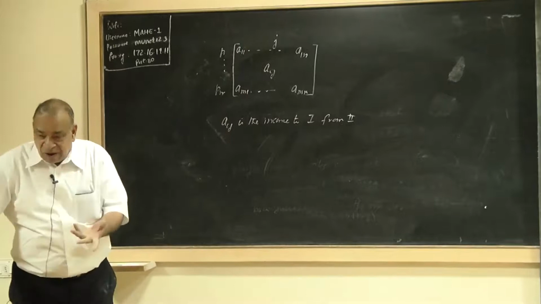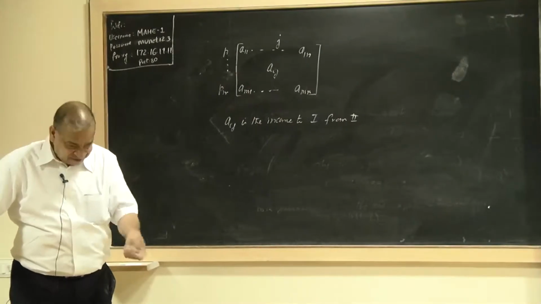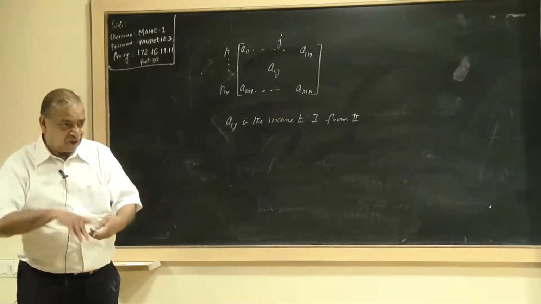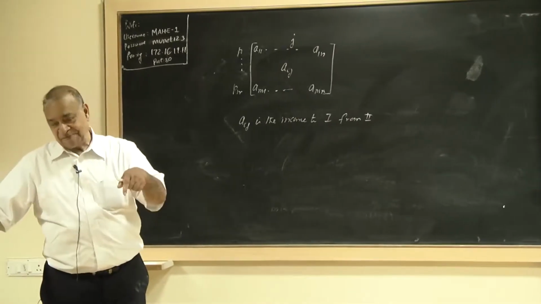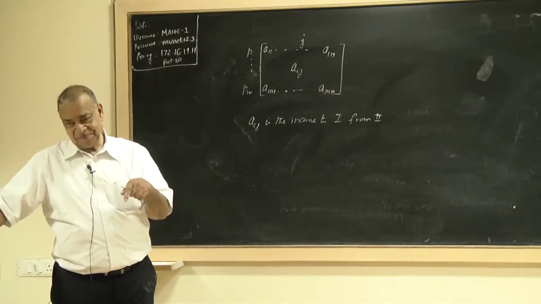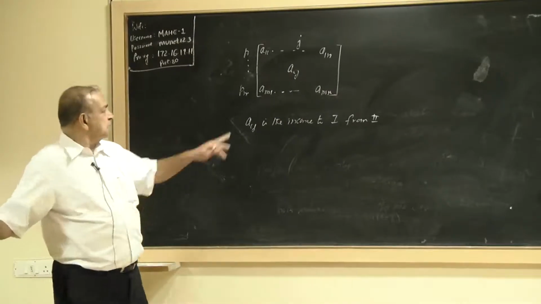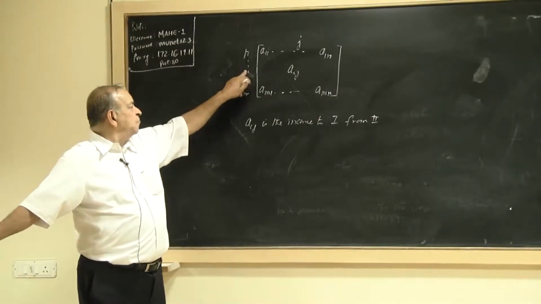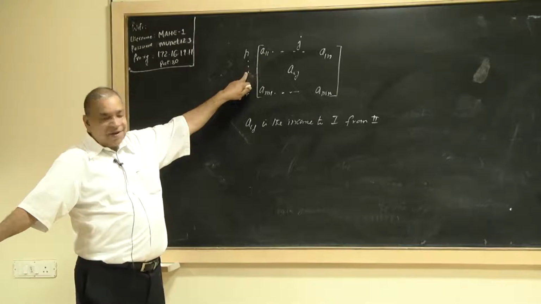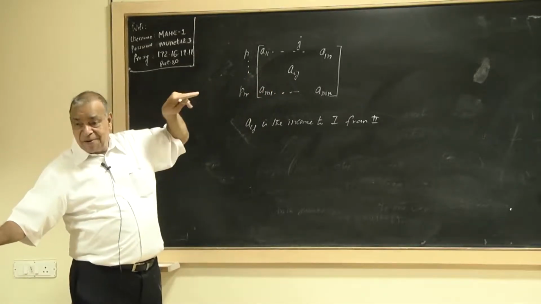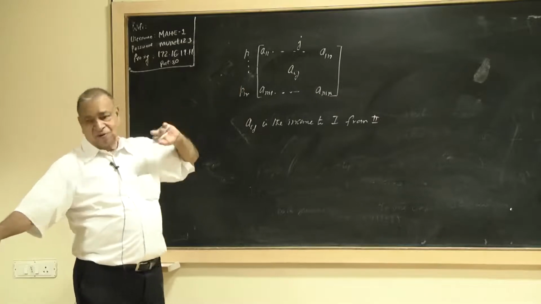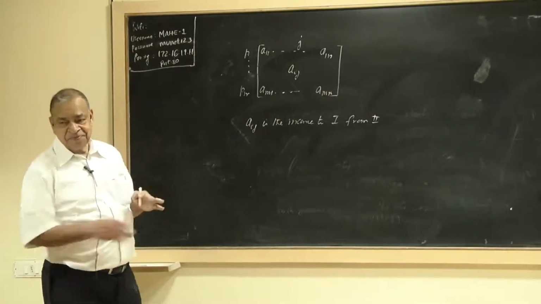But the actual outcome, I don't know. I'll do the experiment, roulette wheel, and whatever comes, I won't tell. That is secret. Suppose P4, the fourth thing comes. Then I'm going to choose the fourth row. I won't tell which row I'm choosing, but the probability that I'm going to choose the fourth row is P4. That I tell.